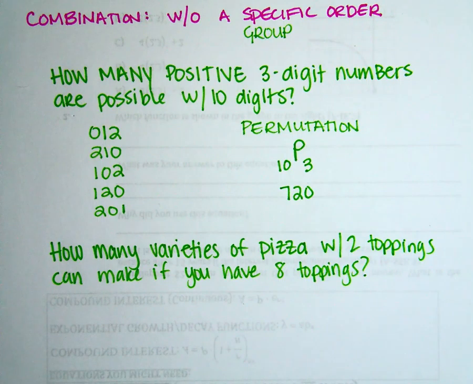So that's the question we're looking at. How many varieties of pizza with 2 toppings can be made, or can you make, if you have 8 toppings?